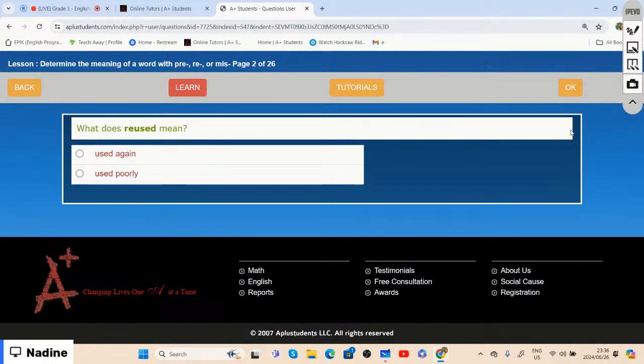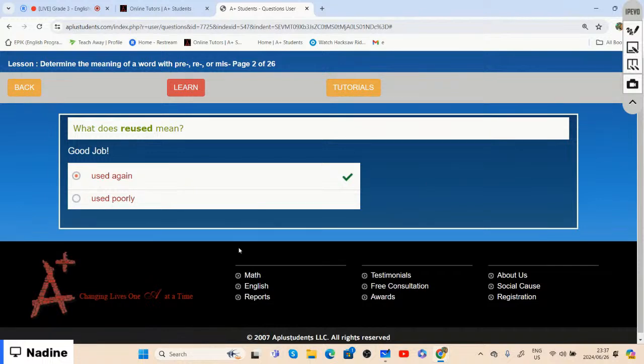Reused. All right, and reused means that we use it again. So it's option one. So well done.